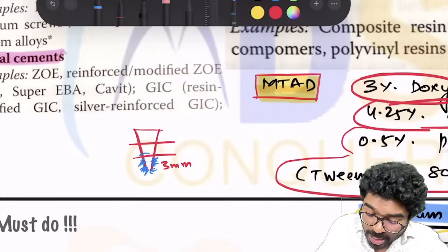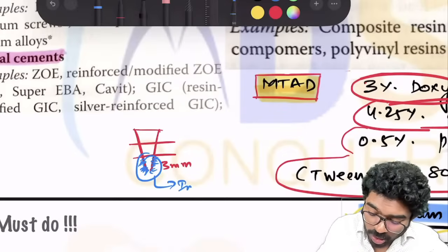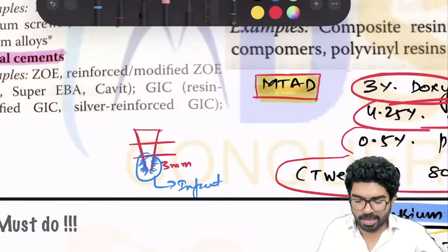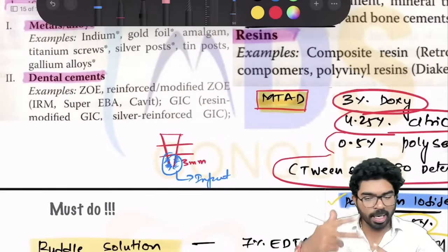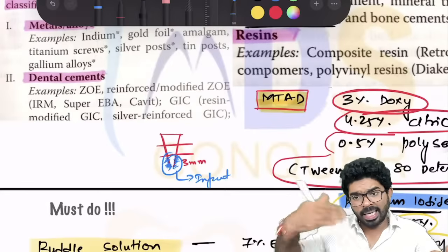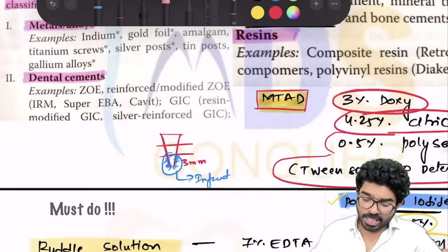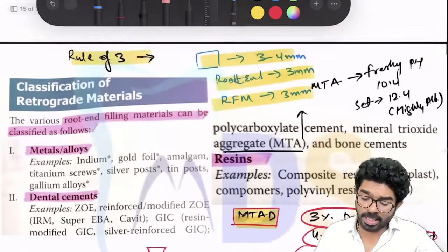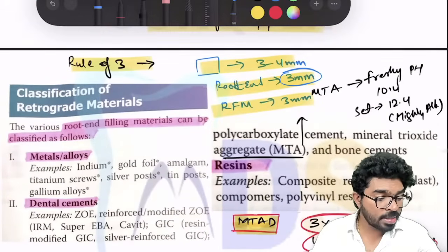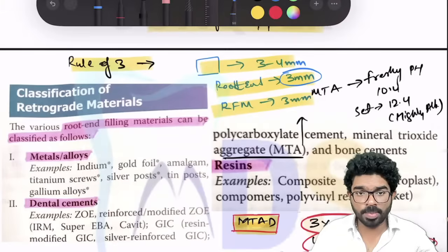So this is mainly responsible for infection holding. That is the reason why, because this is a retreatment case, a failed case, I'm cutting that part. More than 90% of apical ramifications, lateral ramifications, and everything are present in those 3 millimeters. That is the reason why I'm cutting those 3 millimeters. I hope this is very, very clear.